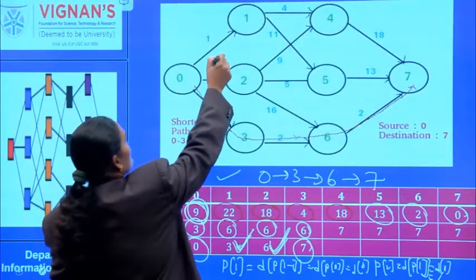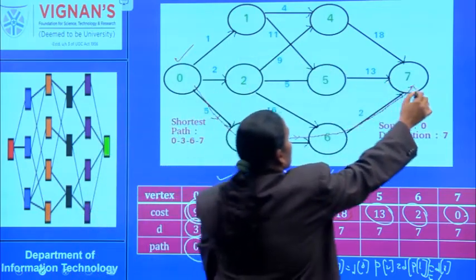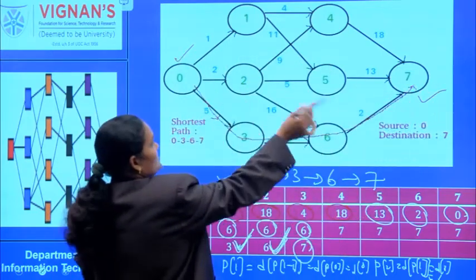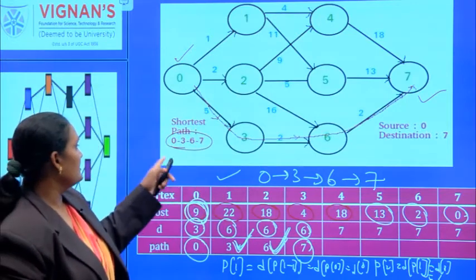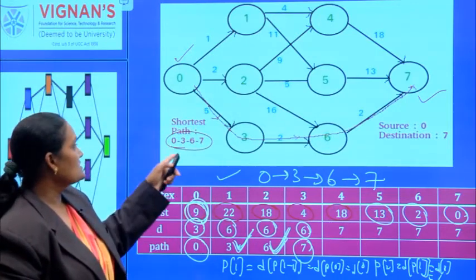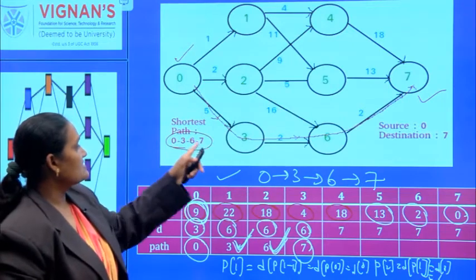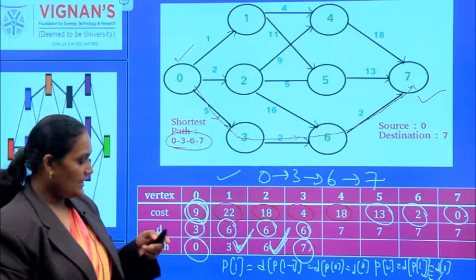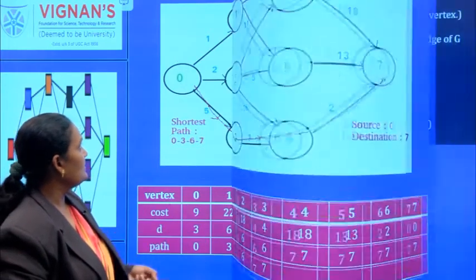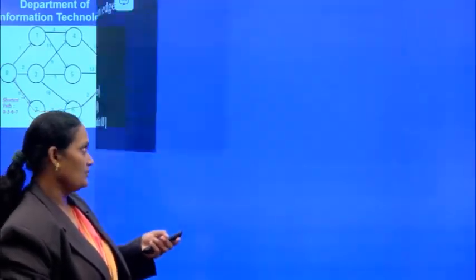From source to sink, we find the shortest path 0 to 3, 3 to 6, 6 to 7, whose cost is 5 plus 2 plus 2, which is nothing but 9. So I hope you all understood the multi-stage graph problem.